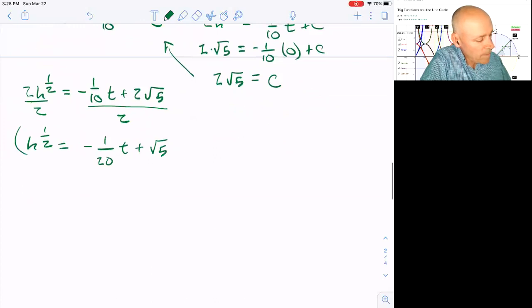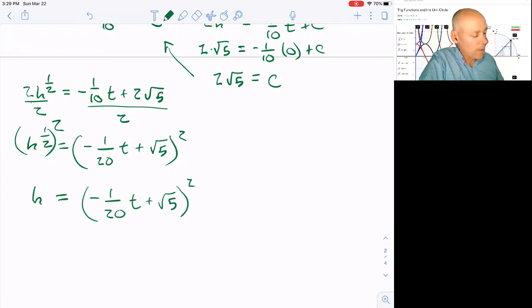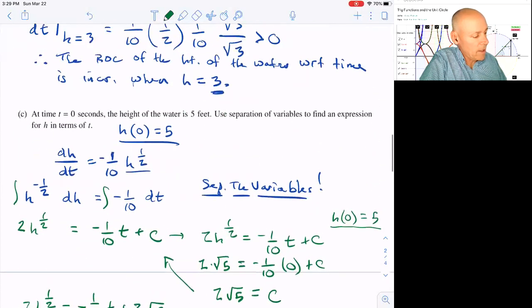And my last step, I want to square both sides. I'm going to get h is equal to that quantity squared. And so that is my equation for h in terms of t, given that initial condition.